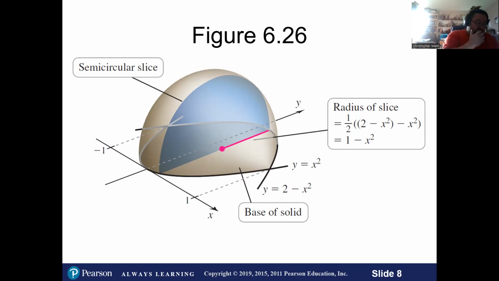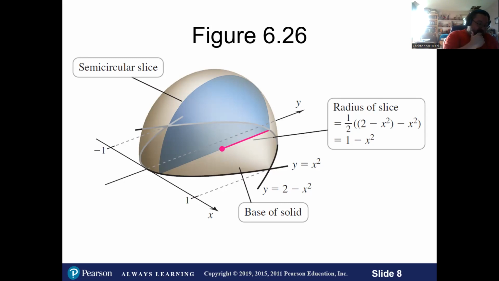And a typical cross section of this goes perpendicular to the x-axis. So we're taking slices perpendicular to the x-axis. And you see the radius of each slice. So the typical cross section would be a semicircular disc.